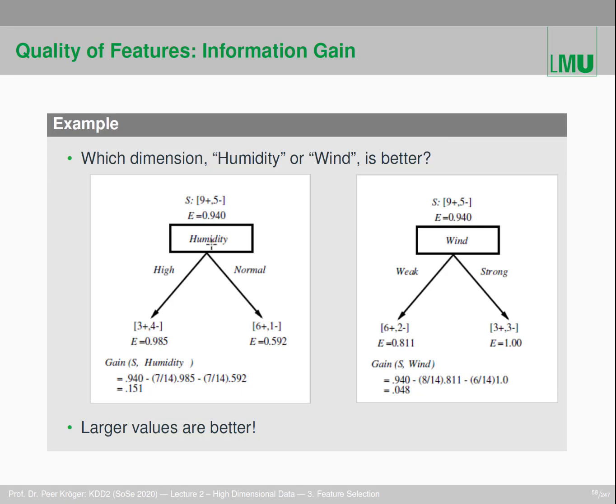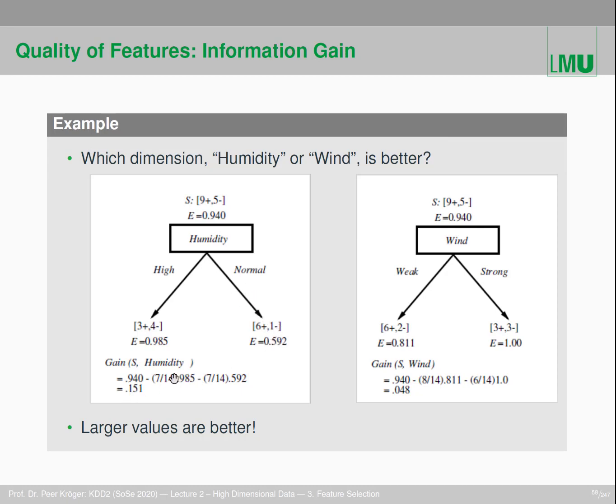You probably recall this is the example from the KDD1 slides. So we had in that case 2 possible values for humidity, high or normal. If you take only the samples from the original set S that have high, you end up with 3 samples that have a positive class label and 4 that have a negative class label, giving you an entropy of this one here, and the normal one gives you this one here.